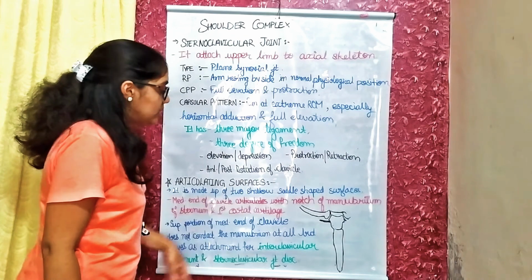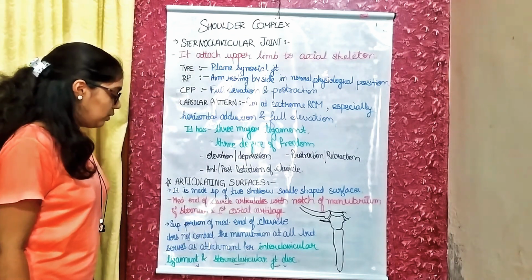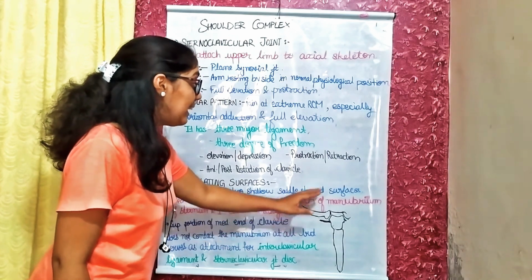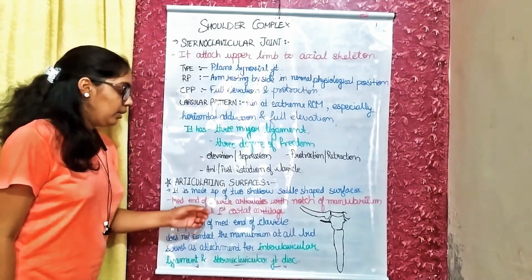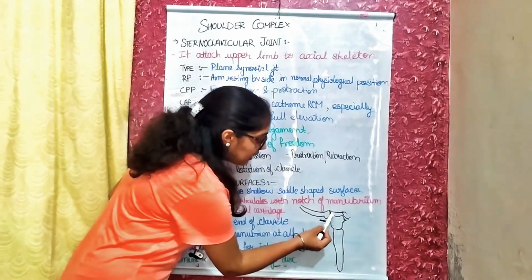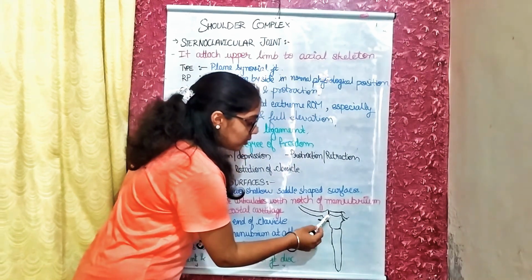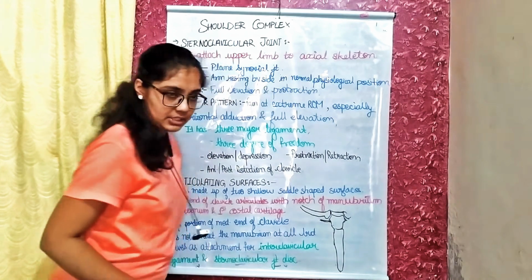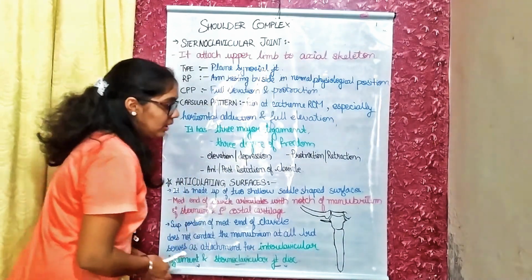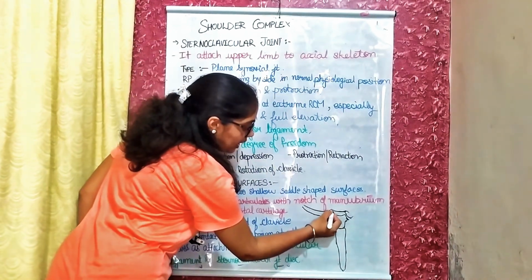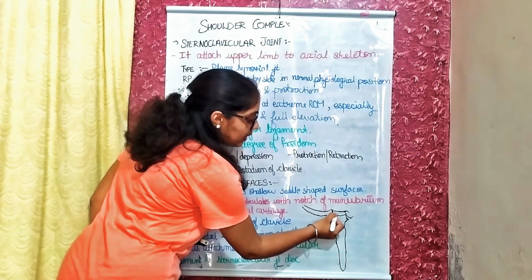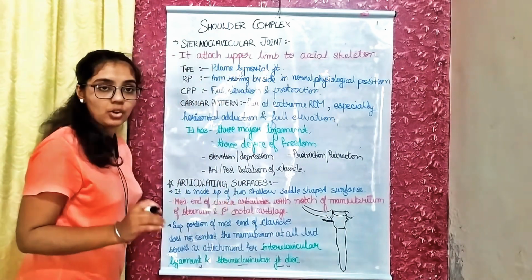Now, the articular surfaces of the sternoclavicular joint. It is made up of two shallow saddle-shaped surfaces. The medial end of the clavicle articulates with the manubrium sterni and first costal cartilage. But here we saw that the superior portion of the clavicle does not come in contact with the manubrium sterni at all.